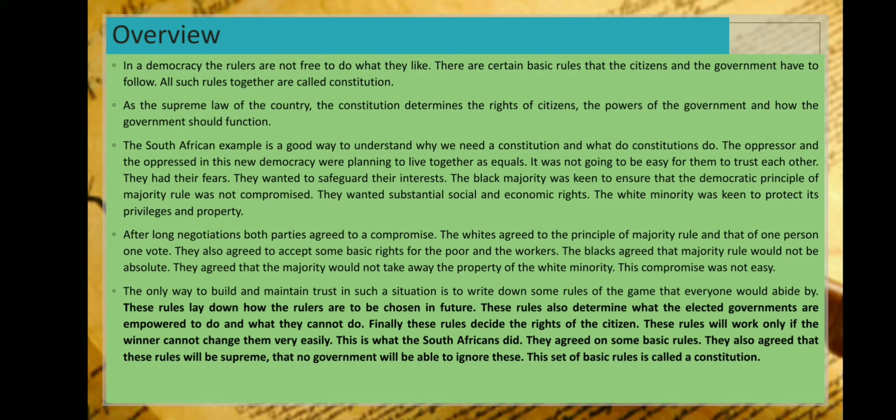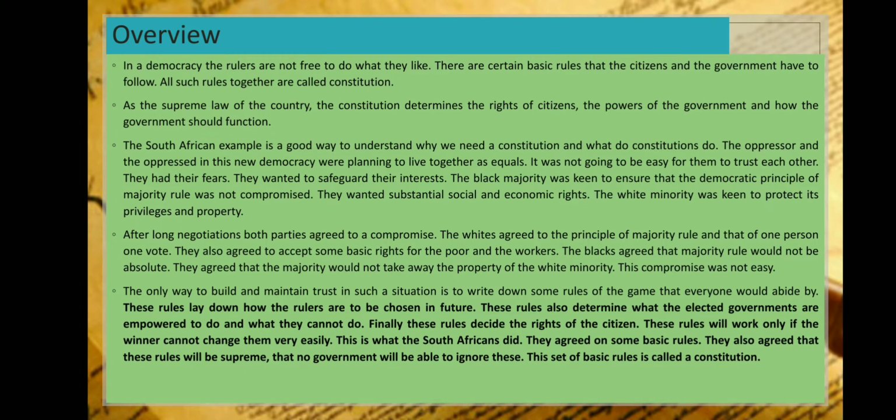The white minority formed the government and followed the policy of apartheid. Blacks and colored had no voting rights. They had separate schools, hotels, beaches, and no right to form associations or even to protest.